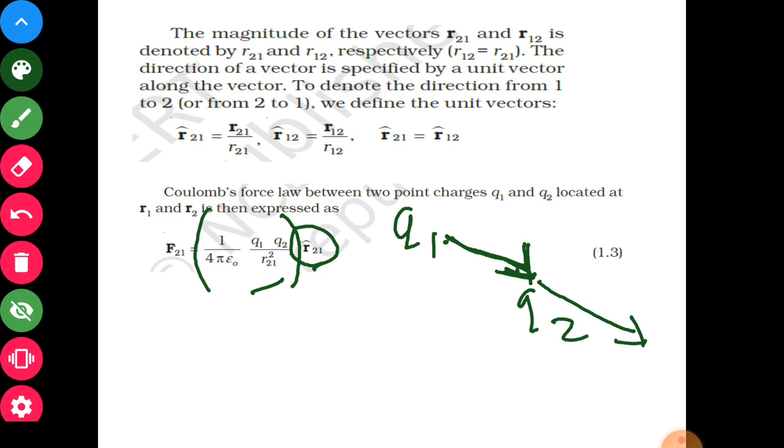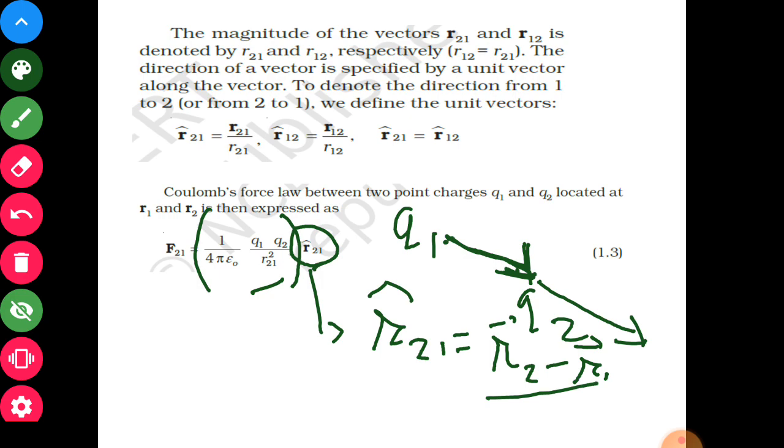So you can also write this in your notebook: unit vector r21 is nothing but vector r2 minus vector r1 upon magnitude of r21, that is the length of that blue line shown in the figure.